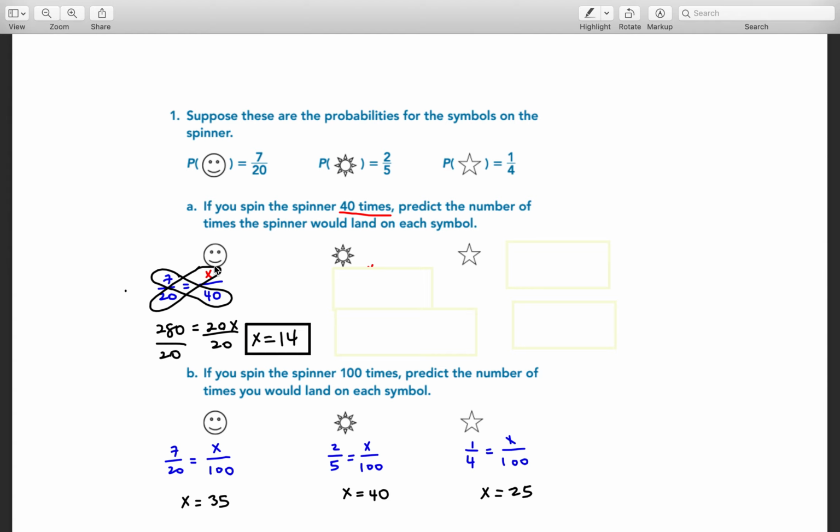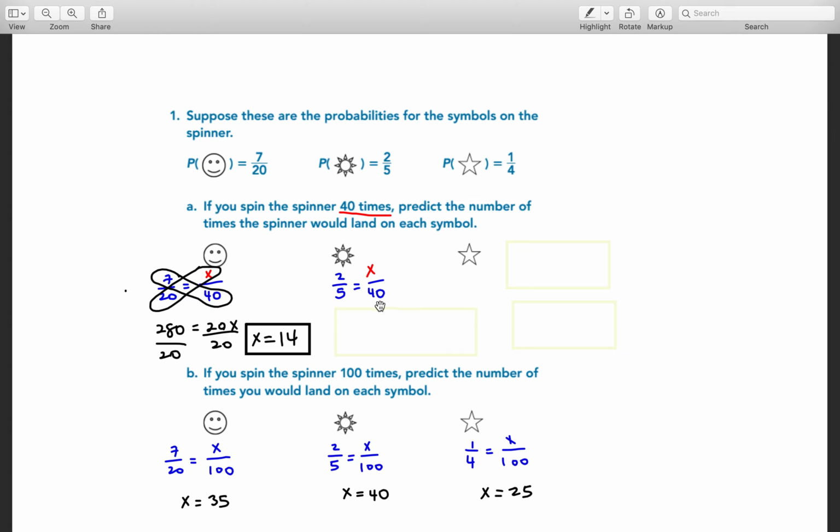So let's say you spin the spinner 40 times, then your spinner would land on a smiley face 14 times out of 40. Let's do the same thing for the sun. 2 over 5 is equal to x over 40.